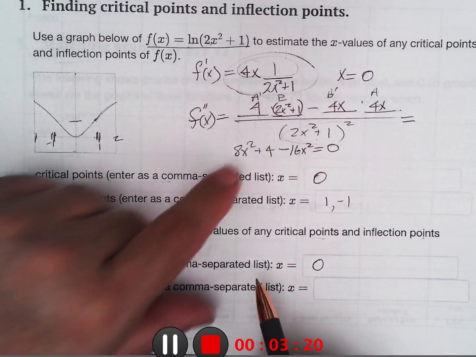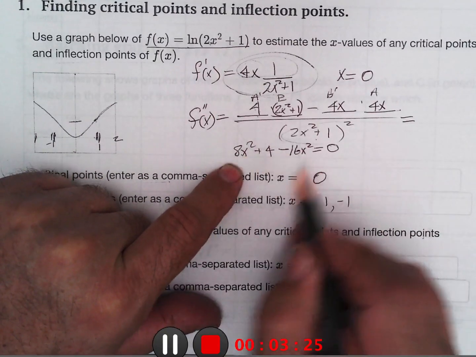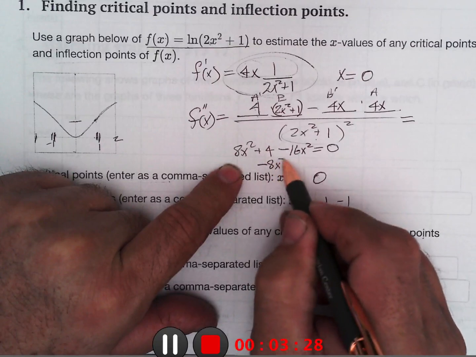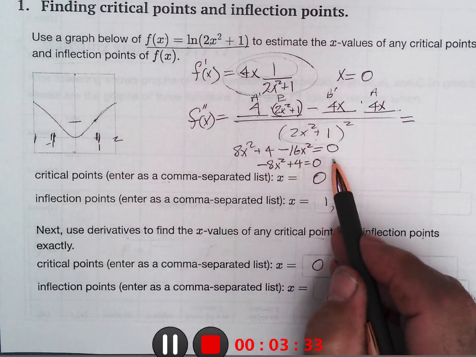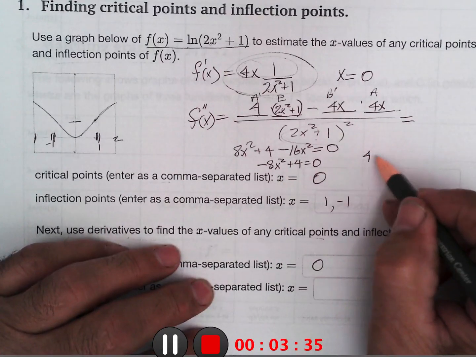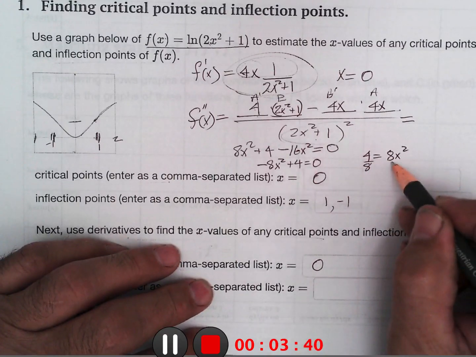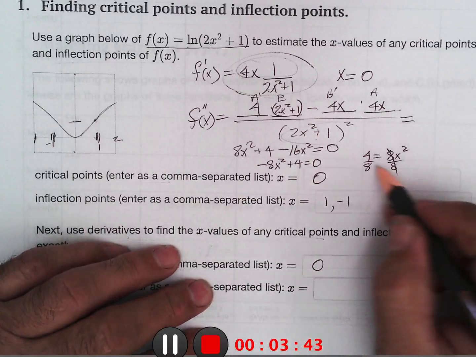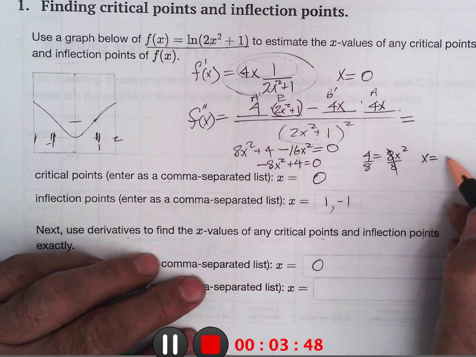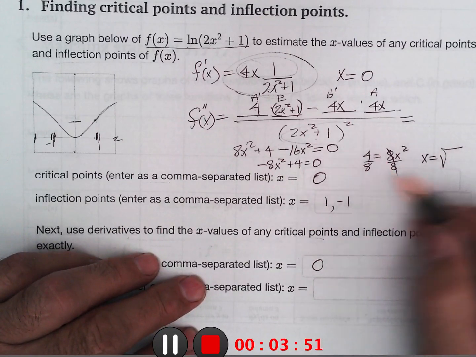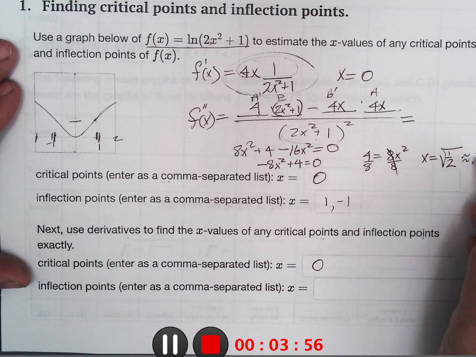So we have 8x squared minus 16x squared is minus 8x squared, plus 4 equals 0. Add 8x squared to both sides, and we get 4 equals 8x squared. Divided by 8, we get x squared equals 1/2, and so x will equal the square root of 1/2, which in decimal is approximately 0.7071.